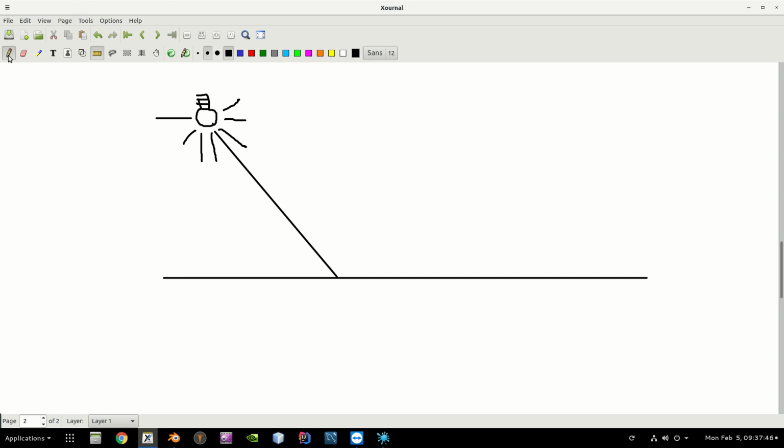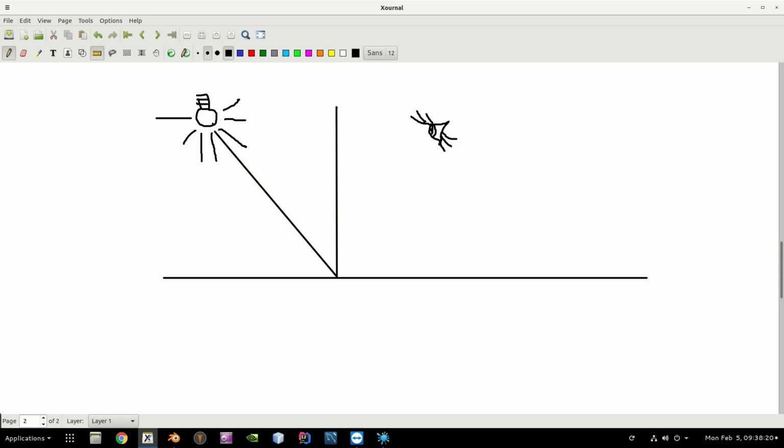Okay, so let's say we have an eye that's looking at that reflection. What's going to happen is that this light ray will bounce off over here. But they do bounce off following a rule that the incidence angle is going to be equal to the reflection angle. Okay. What is the incidence angle?